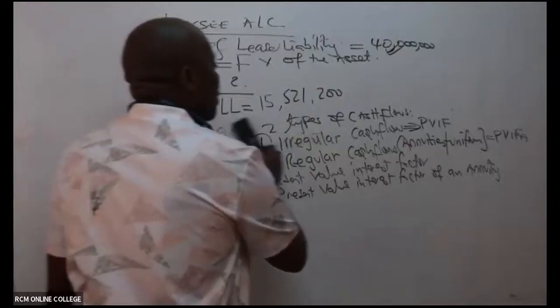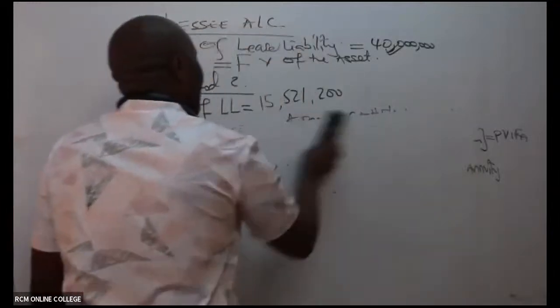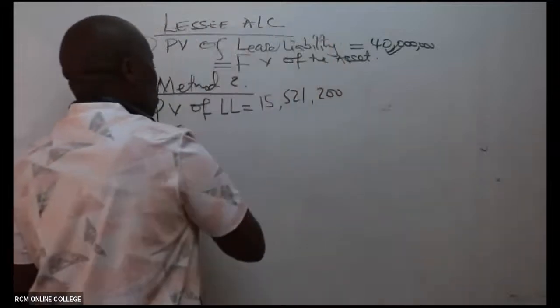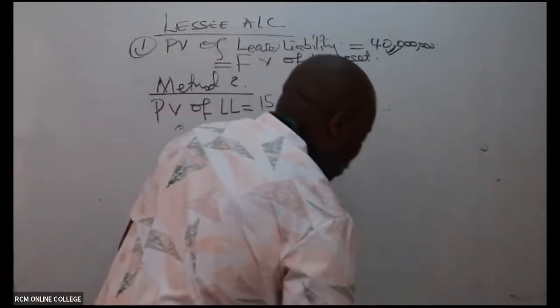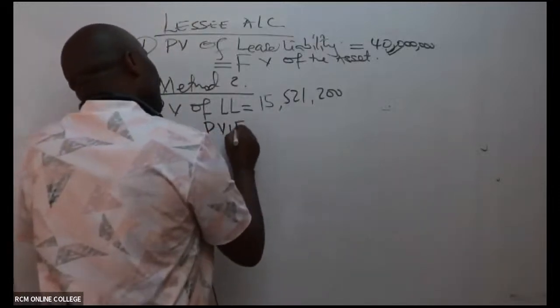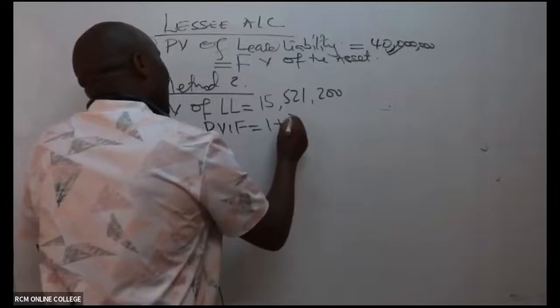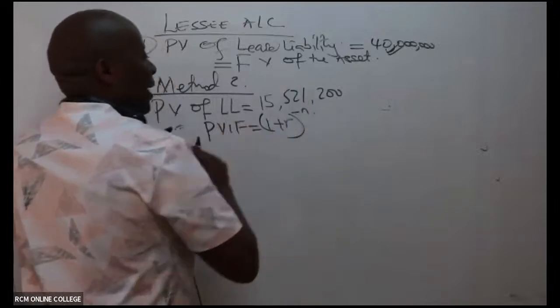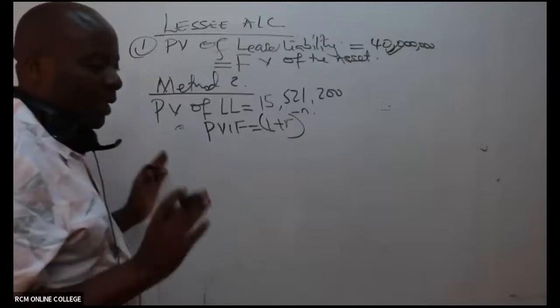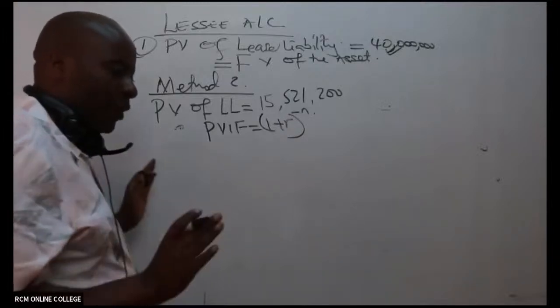I'll be able to give you the two formulas. Anytime you see the word PVIF, there is a formula that we used to work with in high school: 1 plus R raised to negative N. Very, very important formula. That's PVIF.